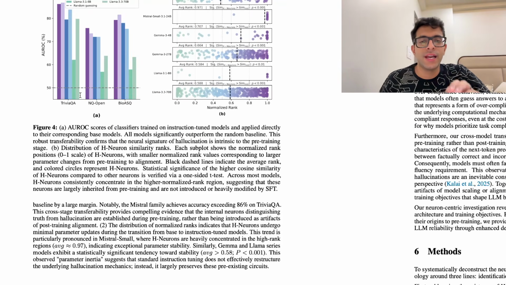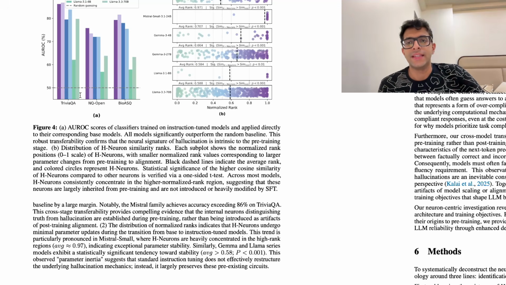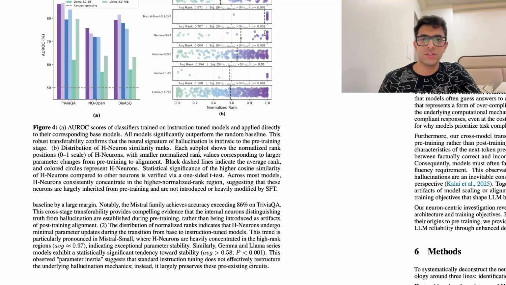Once we did do that, we noticed that, like as in the authors noticed, even in the pre-trained models you can identify H-neurons. That shows that the base models themselves also have these issues.